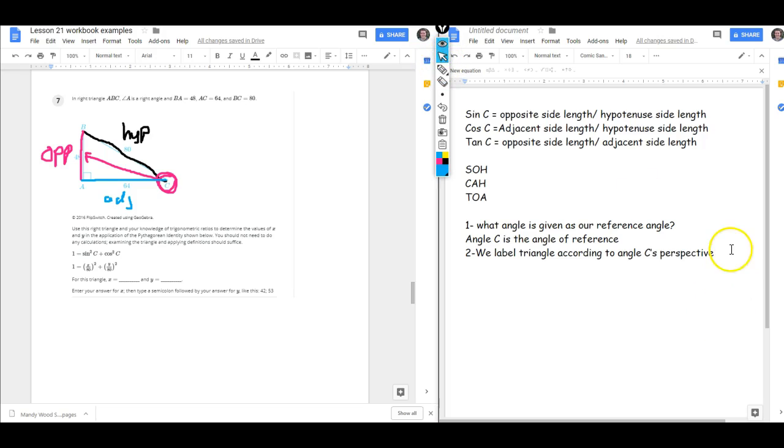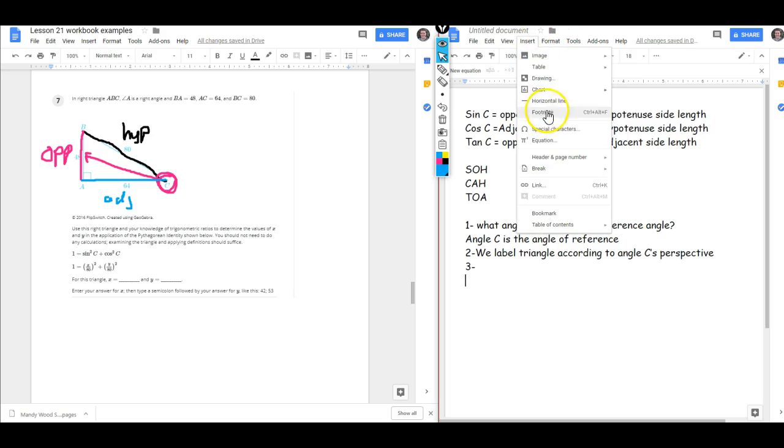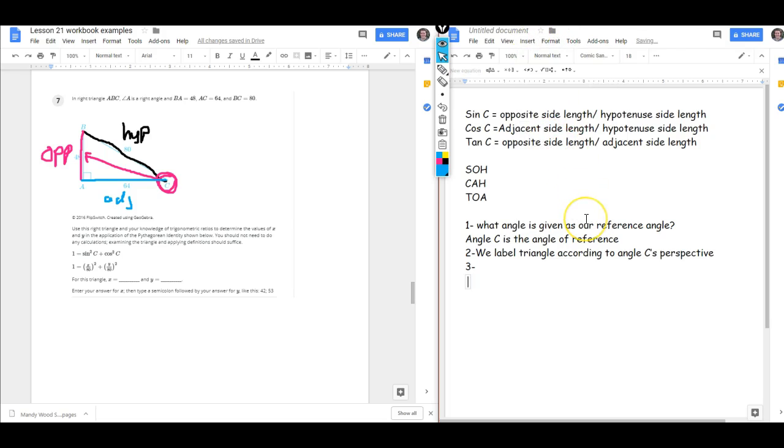And then the next thing we're going to do is in the Pythagorean identity, we have 1 equals sine squared of C plus cosine squared of C. So what is sine?